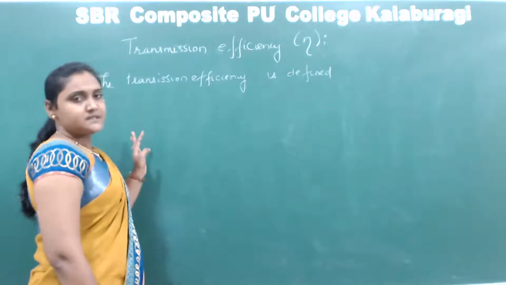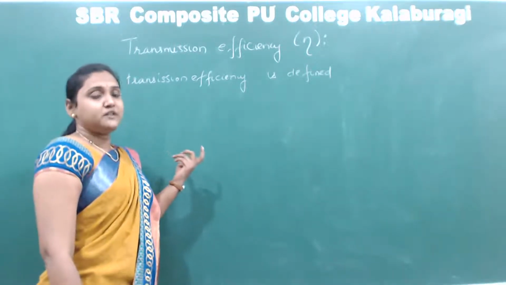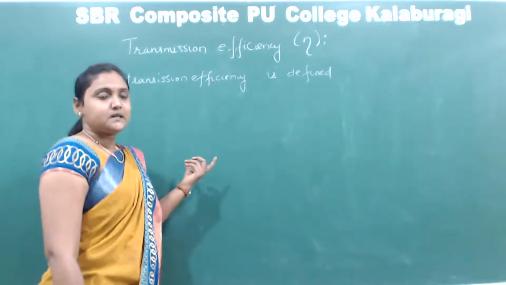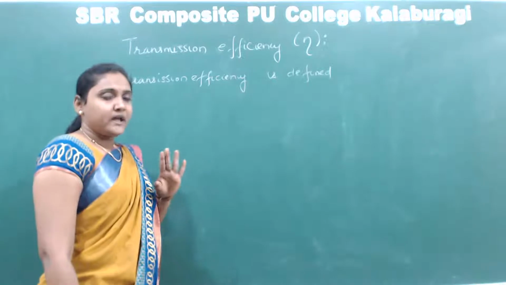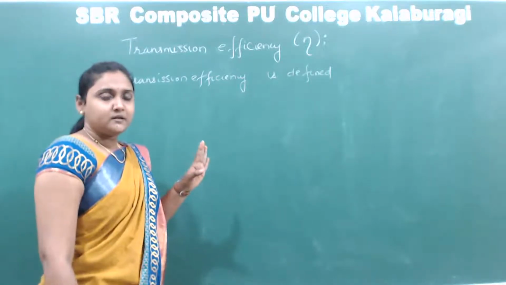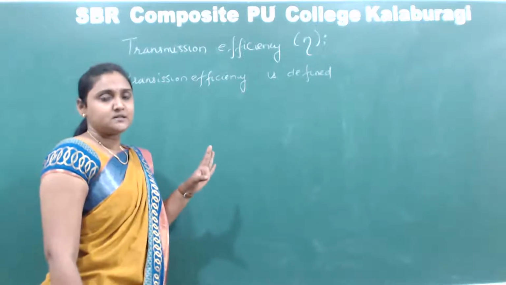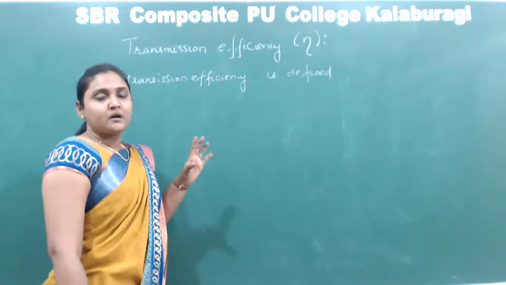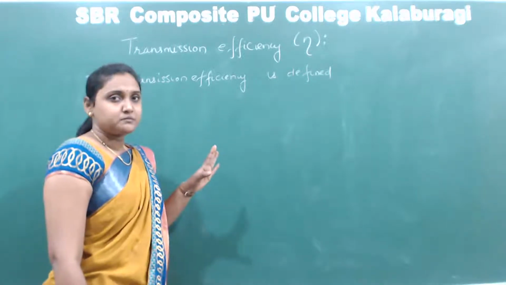Transmission efficiency basically gives you the idea of how much out of the power is useful power. The total transmitted power is not going to carry the entire information. The information is only contained in the sidebands. The carrier is simply of no use, since it does not have any information.